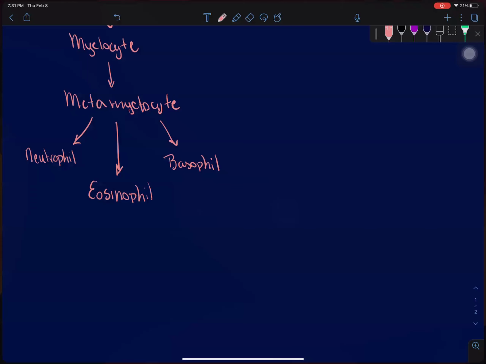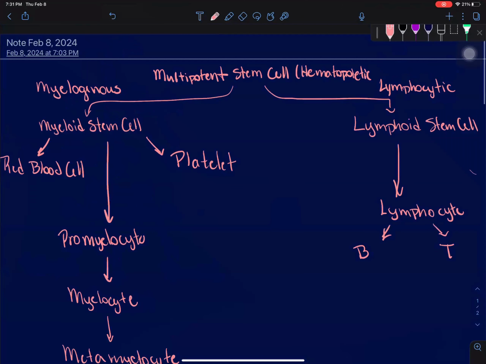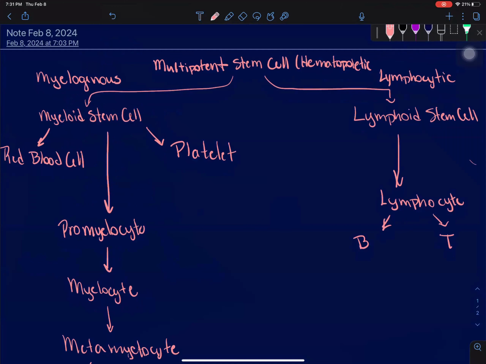Okay, CML. Before we move forward, I want to go back to our drawing. Here we are, and we have all this going on. Once we have that overproliferative phenotype, you're going to get all of these cells from the myelogenous line, starting all the way here as a myeloid stem cell, with overproduction.